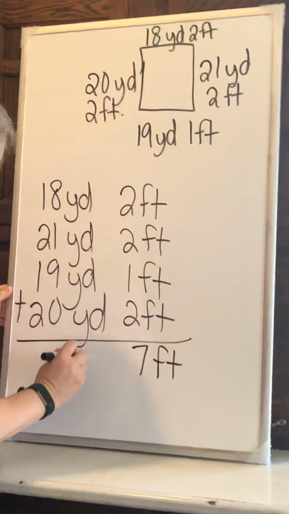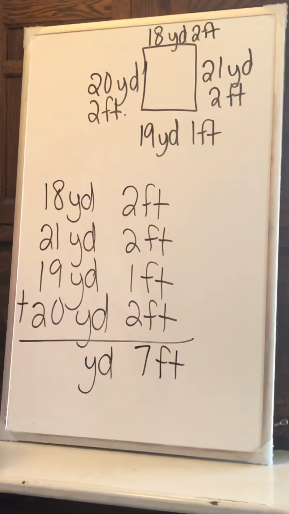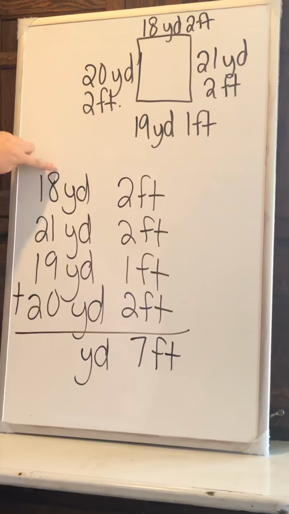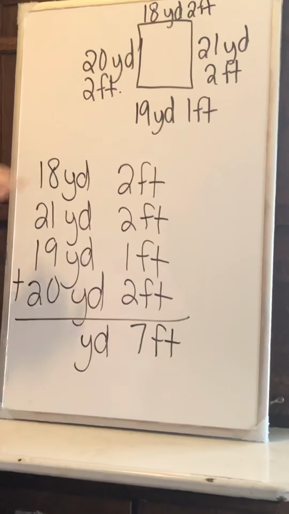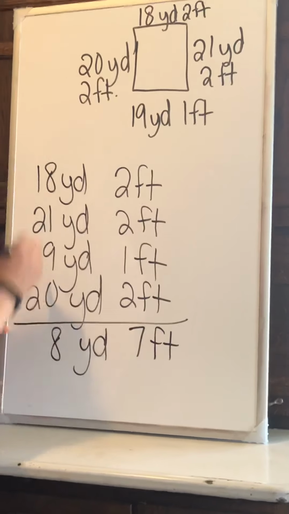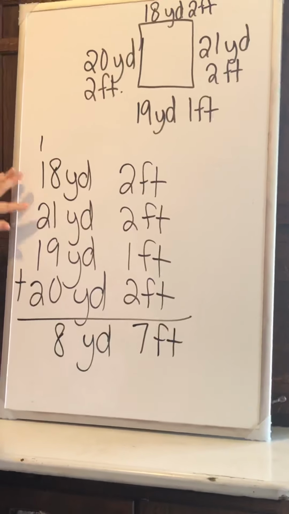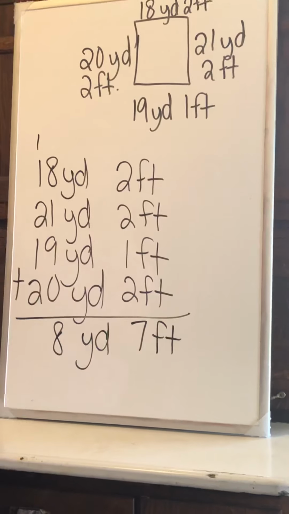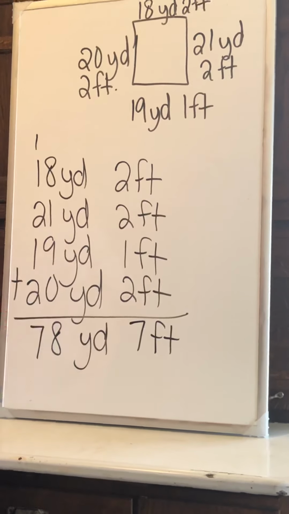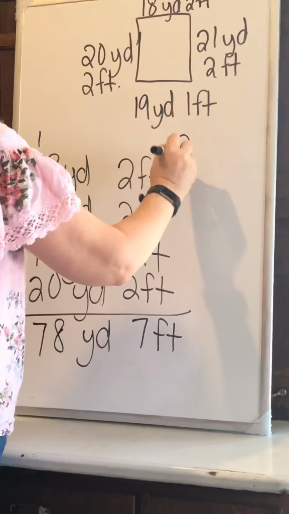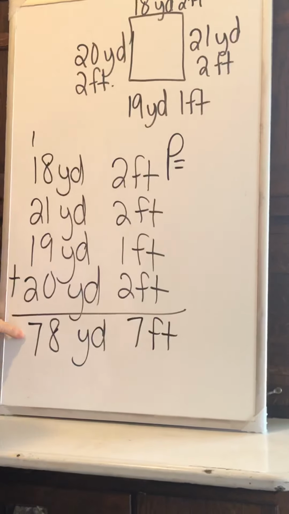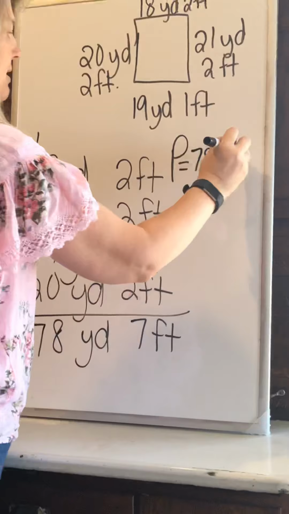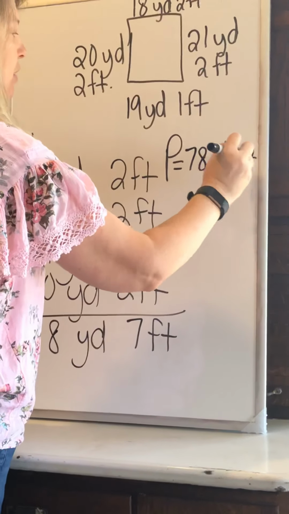And then let's add up those yards. 9 plus 1 is 10. 10 plus 8 is 18. Carry the 1. 1, 1, 2, 1, and 2 would make 7. So where it asks what is your perimeter, you're going to write 78 yards and 7 feet for your answer.